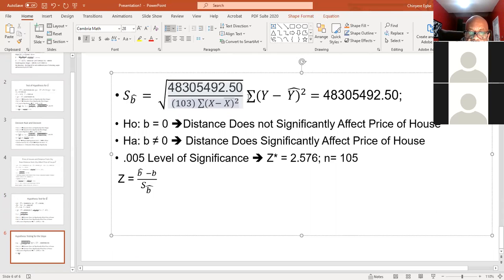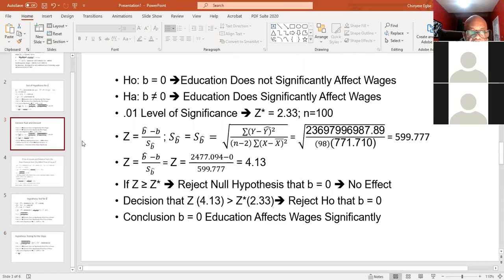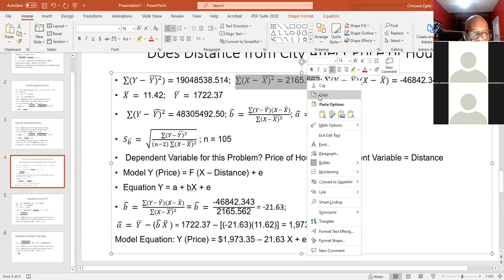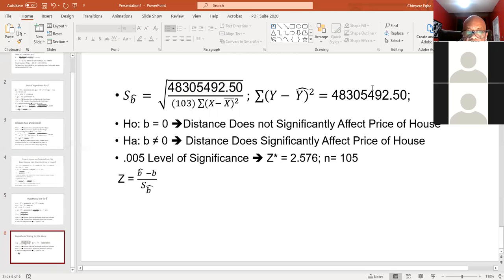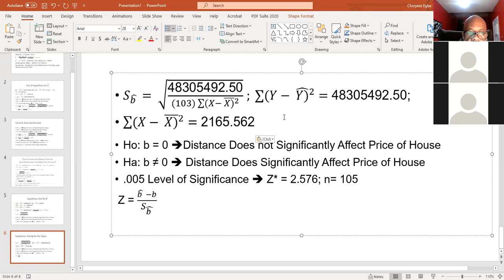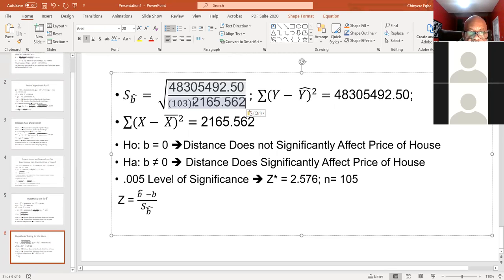Summation x minus x bar squared, we got from here. We take it from there and we replace that.